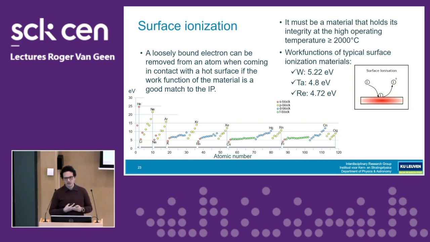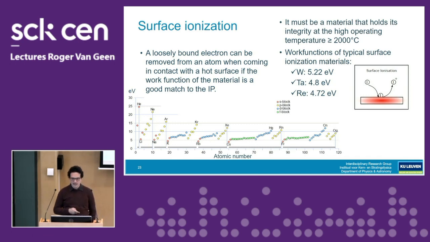So it must be a material that holds its integrity at high temperature. You need to go to this 2000 degrees Celsius to do that, so you cannot use whatever you want. You have to use something that's quite good, typically a refractory metal. The three that are very often used are tungsten, tantalum, and rhenium. And here you can see their work function listed.